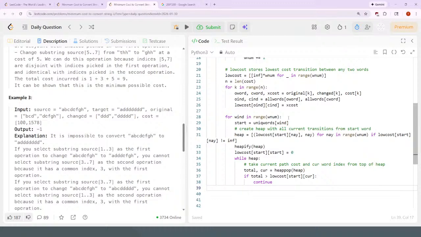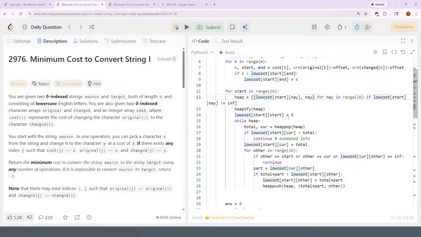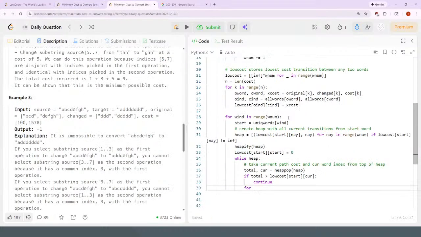Total is greater than, okay, anyways. For every neighbor of this thing, for every other, sure, in range of the total word num index.